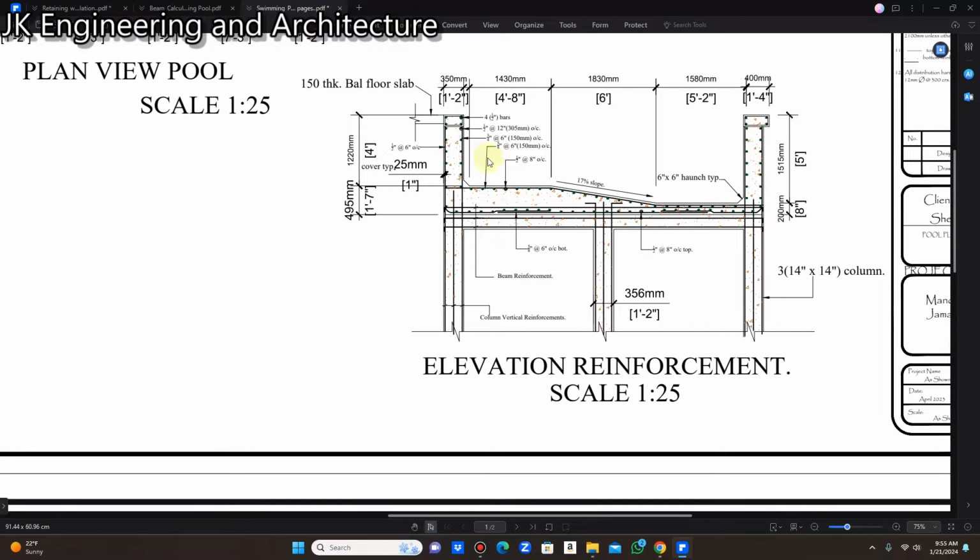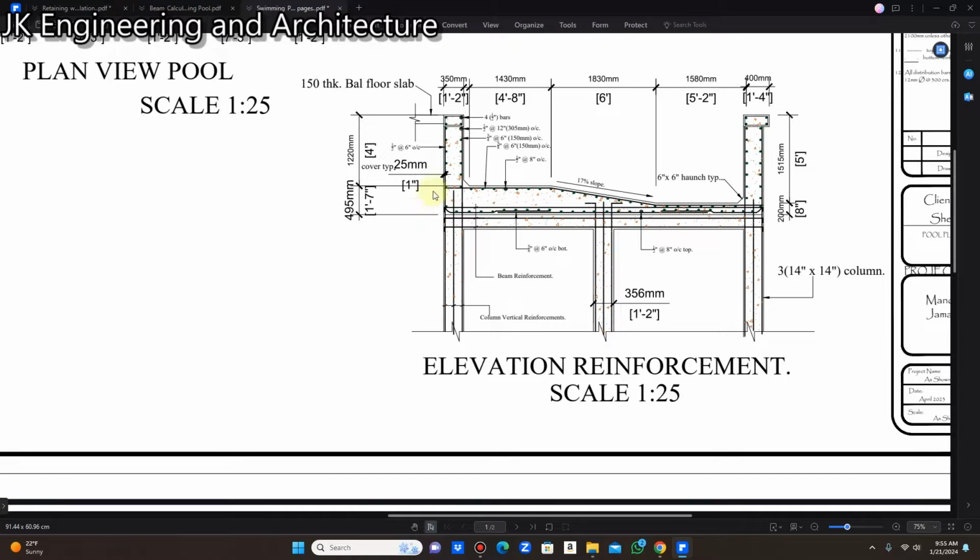Now, the reason for that, we increase the depth of the pool towards the opposite end. So we have a slope here that moves down from a thickness of 1 foot 7 inches down to a thickness of 8 inches.